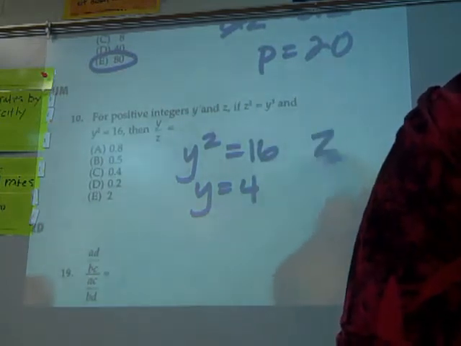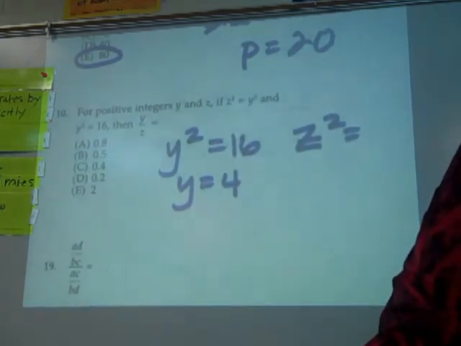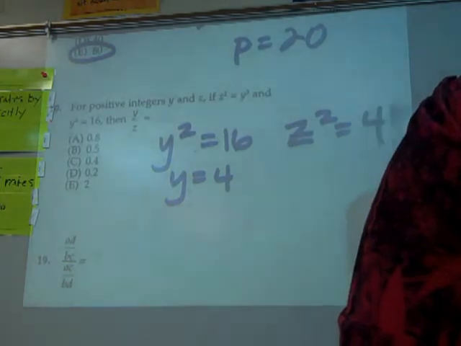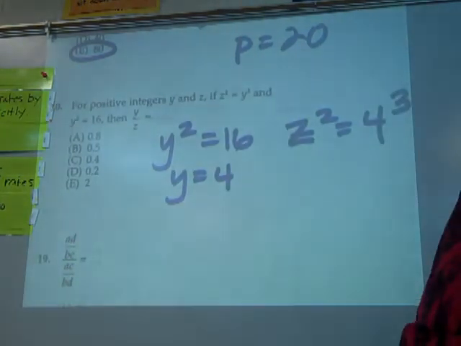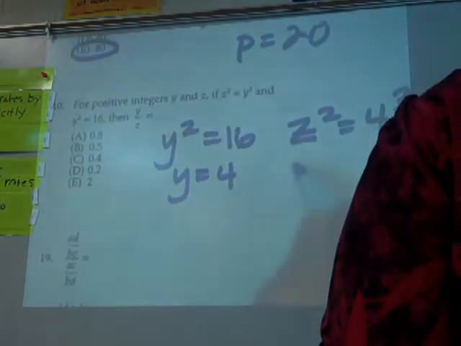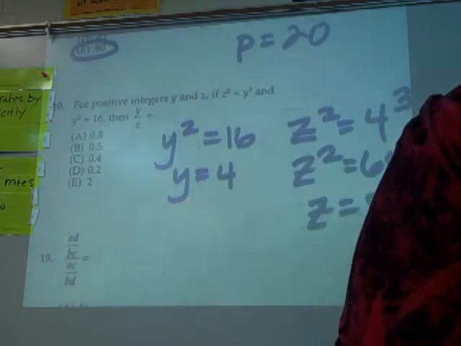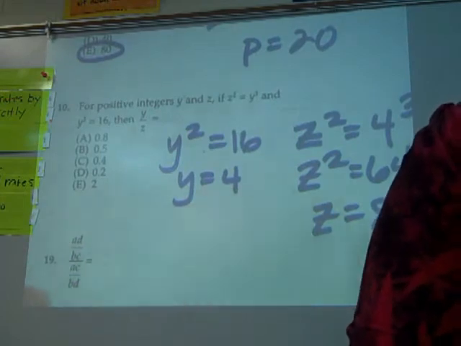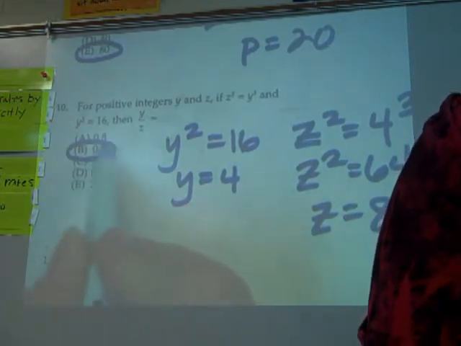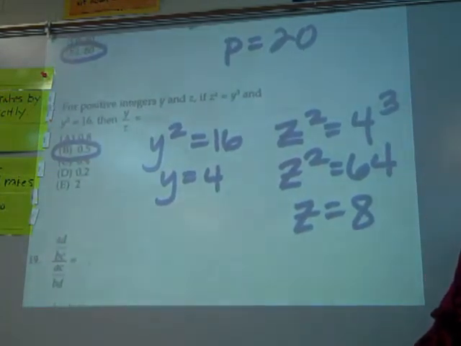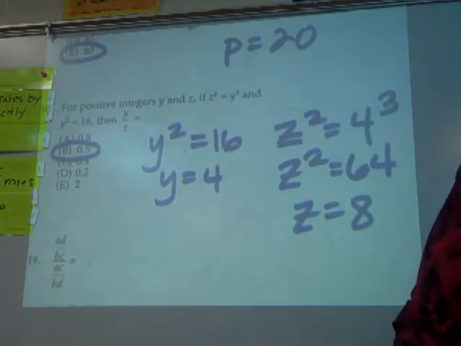And then z squared is equal to y cubed. Well, we know that y was 4. So 4 cubed is 64. So what's z? 8. So 4 over 8 is 0.5. Right, y over z, 4 over 8, is 0.5.